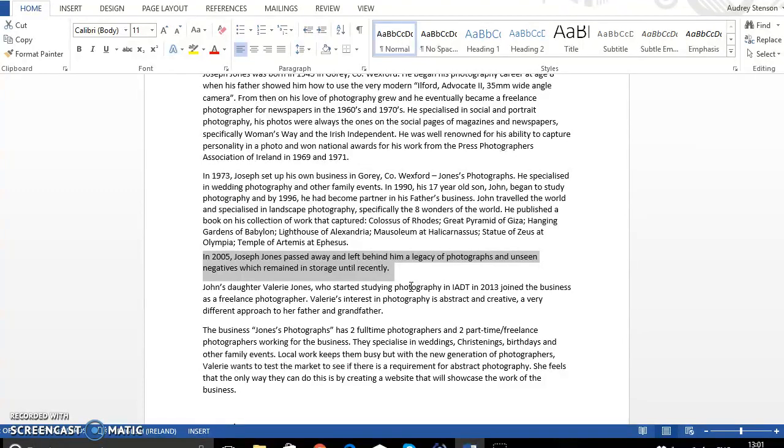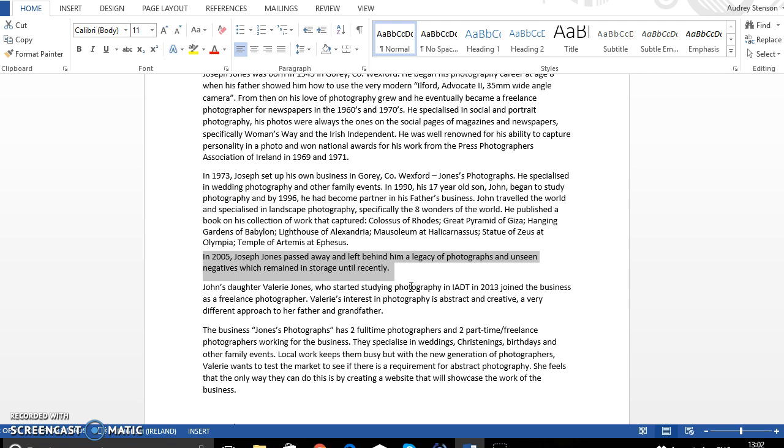So remember, a website is about attracting customers, and it's about attracting businesses and not being left out. So this website needs to somehow showcase those 4 different areas of photography, the 3 different generations of Joseph, John, and Valerie, and showcase their work.